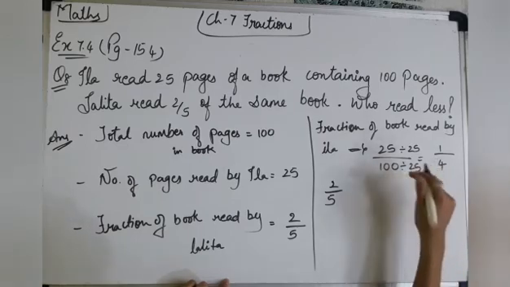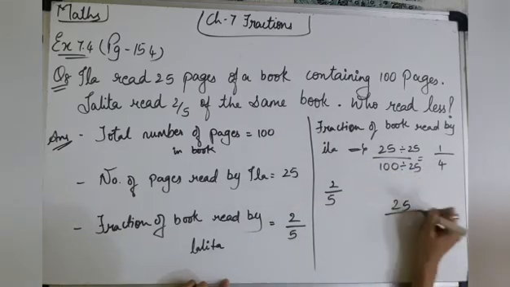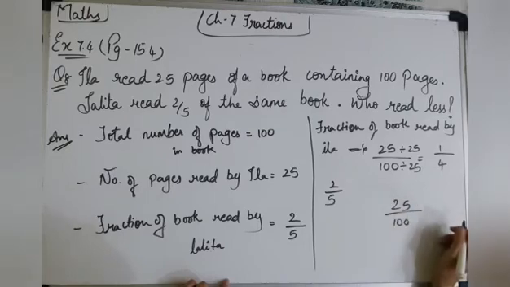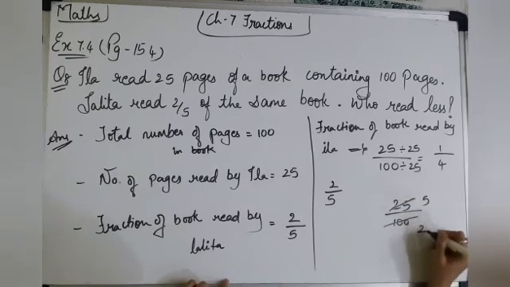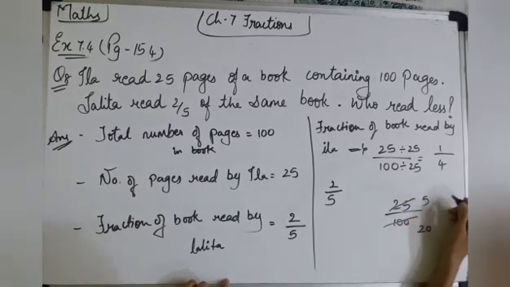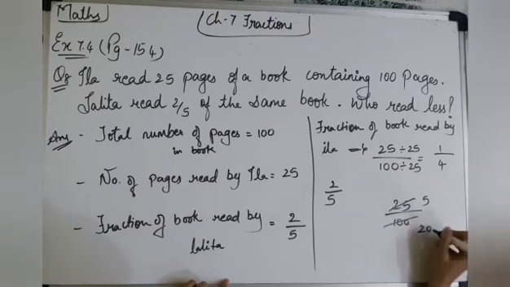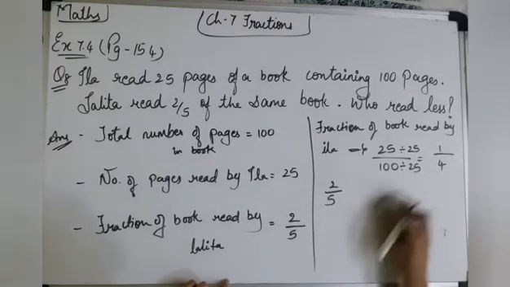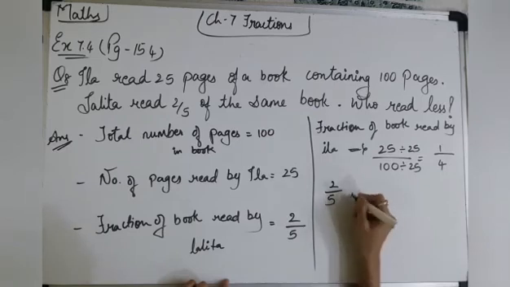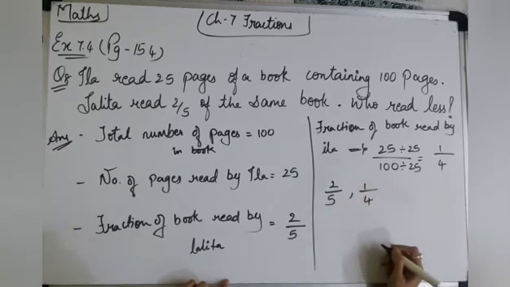And if you are not knowing the table of 25, what you can do, 25 upon 100. 5 and 0 is there at the unit place, means these both are coming in the table of 5. 5 5s are and 5 20s are. 5 2s are 10 and 0 we are writing like that only. Then 5 1s are and 5 4s are. See, same came 1 upon 4. Okay. So here we got 1 upon 4.